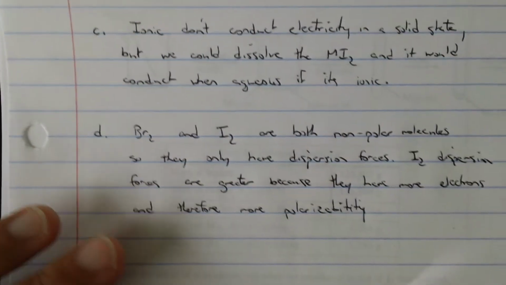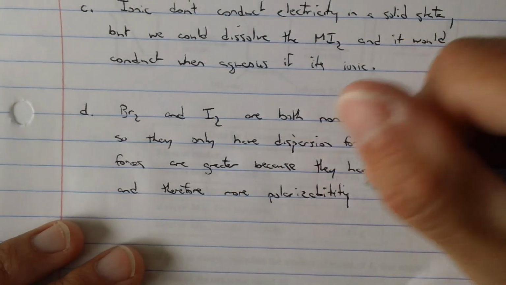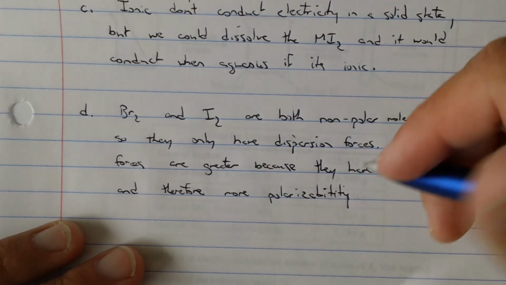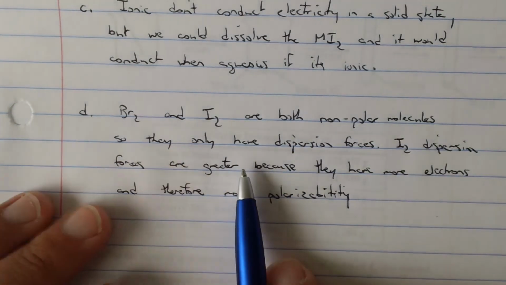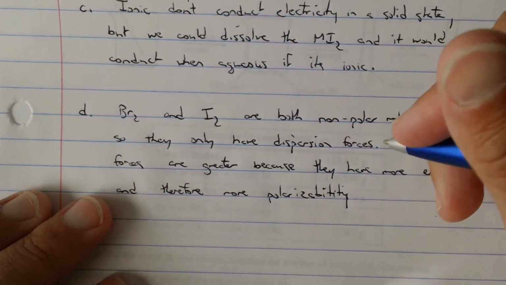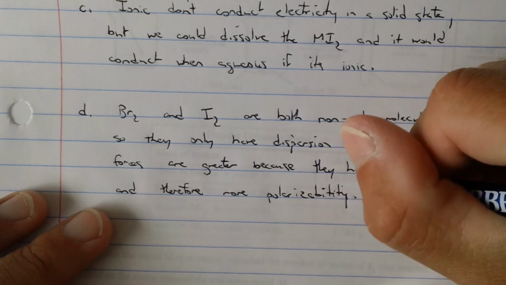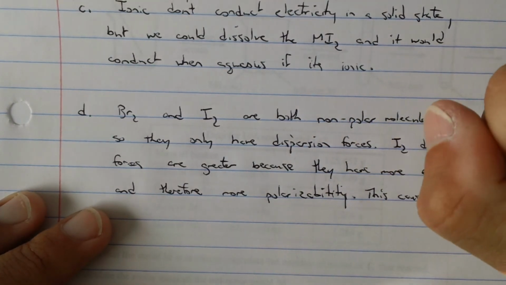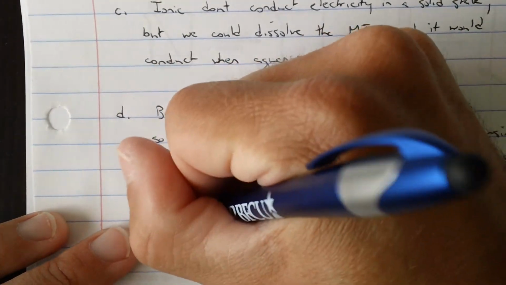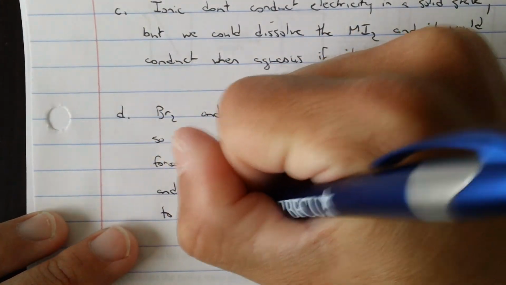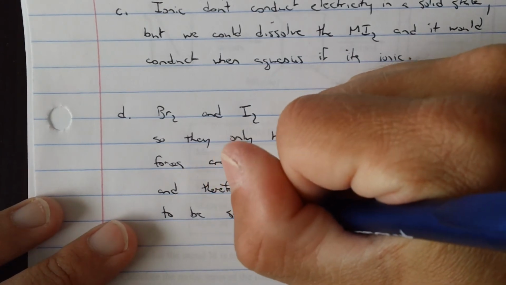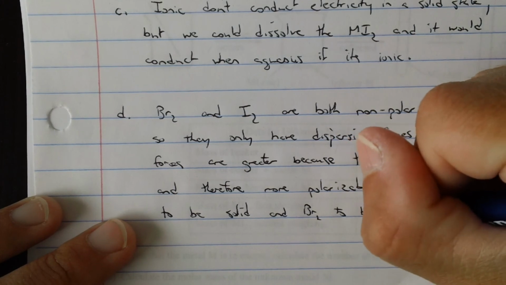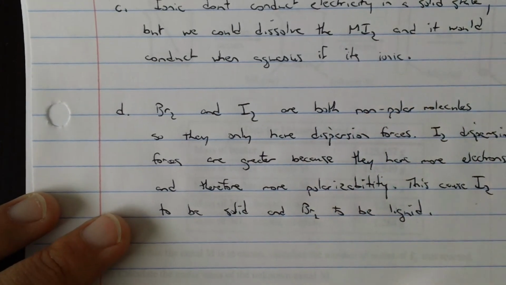Count them, 7 syllables. My rap album, polarizability. Let's say more polarizability. That's the answer, right? Now, I would say causing it to be a solid, this causes iodine to be solid and bromine to be liquid. That's how I would write it.